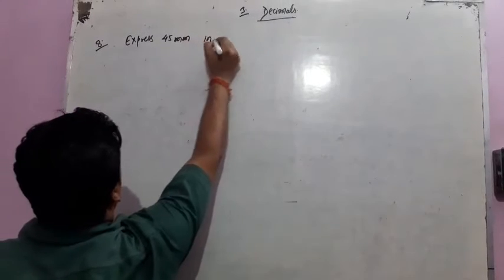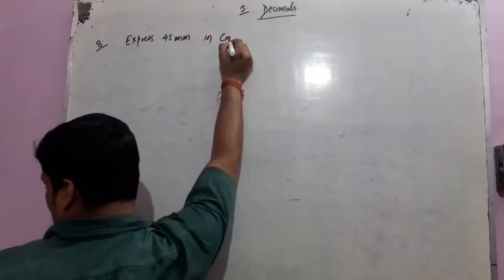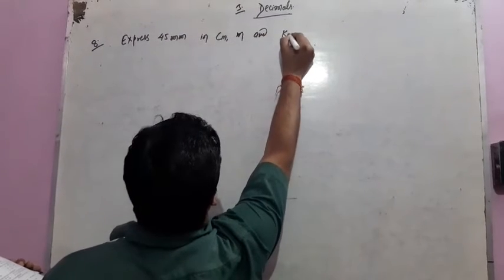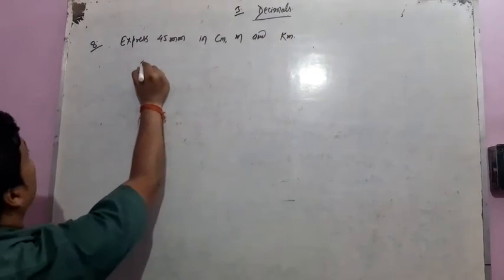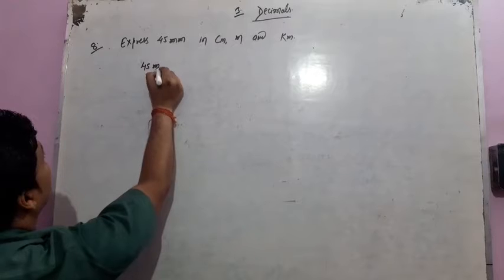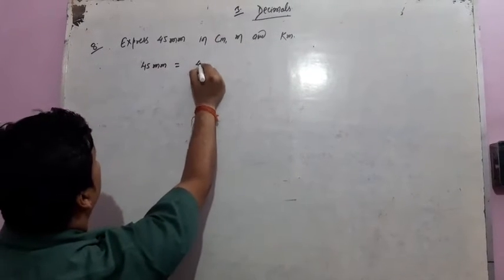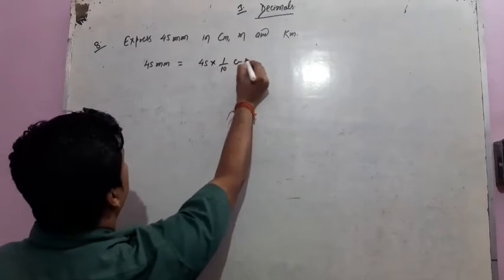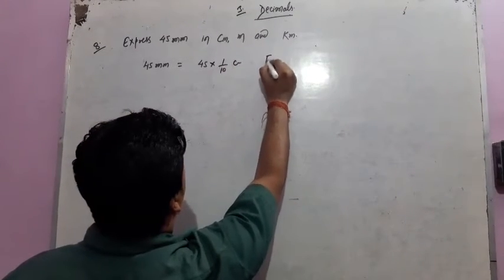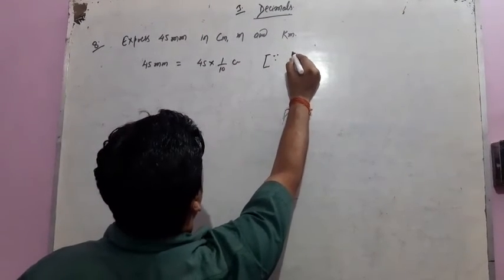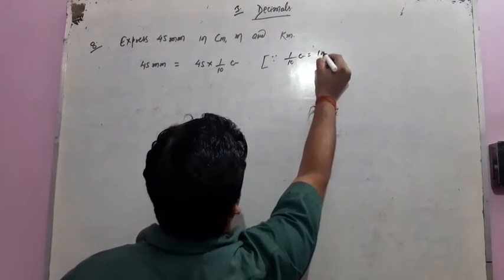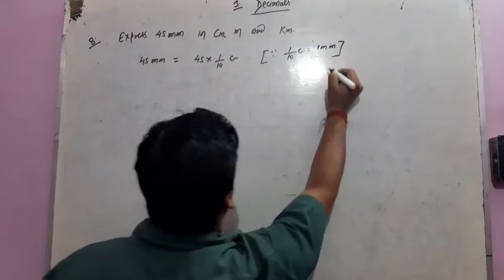millimeter in centimeter, meter and kilometer. Now 45 millimeter is equal to 45 into 1 by 10 centimeter, because 1 by 10 centimeter is equal to 1 millimeter.